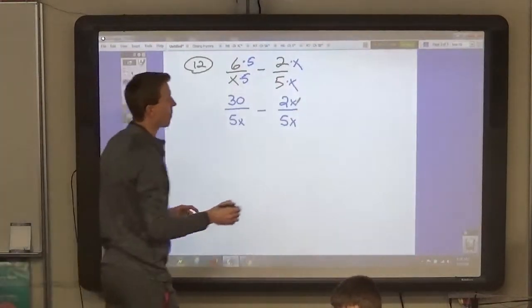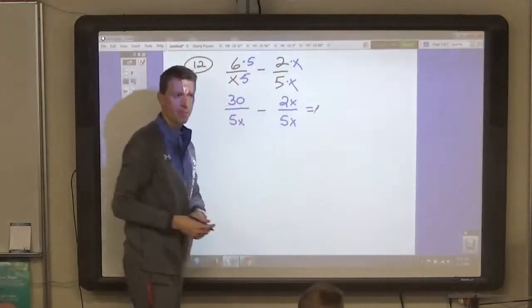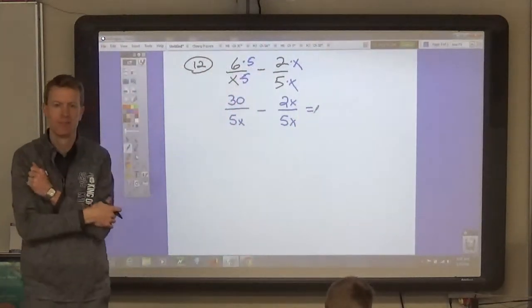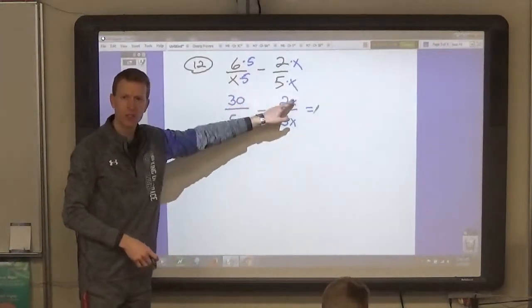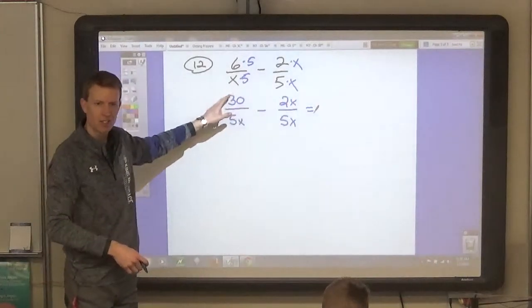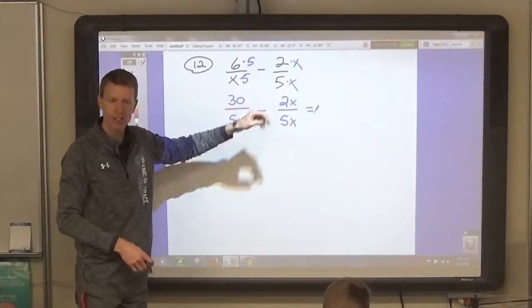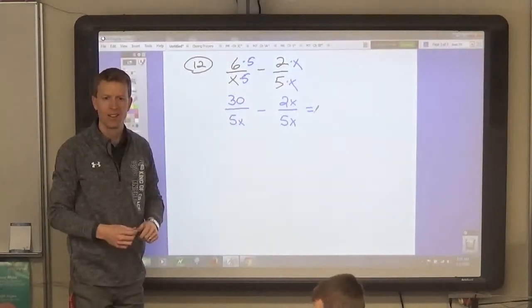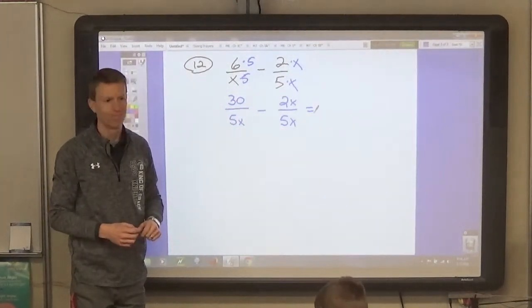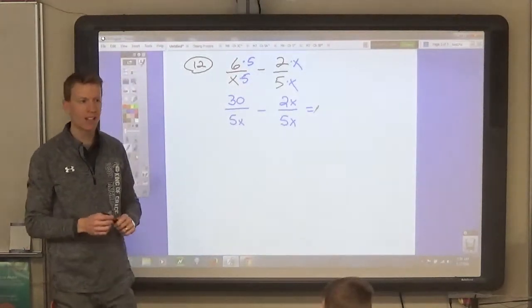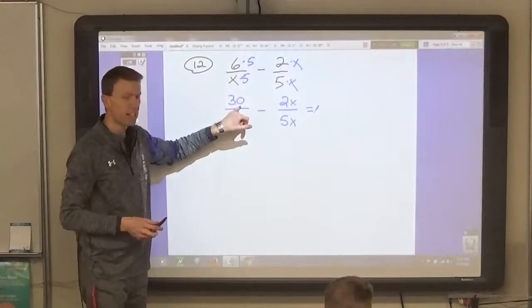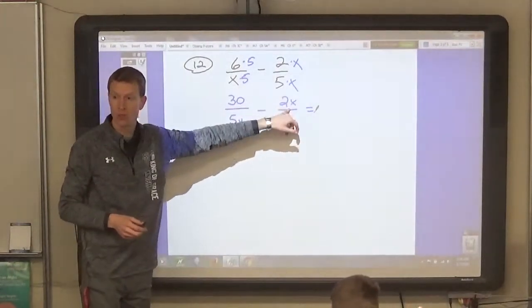Now, can we add any more? Can we do anything else? Are these like terms? This is 2 x's, and this is 30. Can we add these together? No, you can't. Because you can only add like terms. If this was 30x, then we could take away 2x.